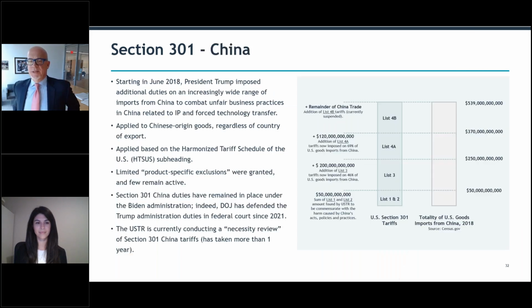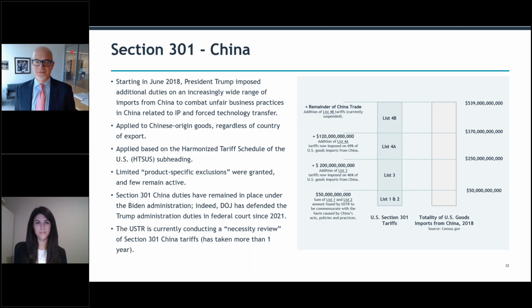This just gives a little more detail on what's happening right now with the 301 case against China, the duties against China. We're involved in leading a lawsuit against these duties for list 3 and list 4, and that's still pending before the courts. There's also a necessity review going on right now, which is kind of like the sunset review I mentioned earlier, on whether these duties should remain in place past the first 4 years.